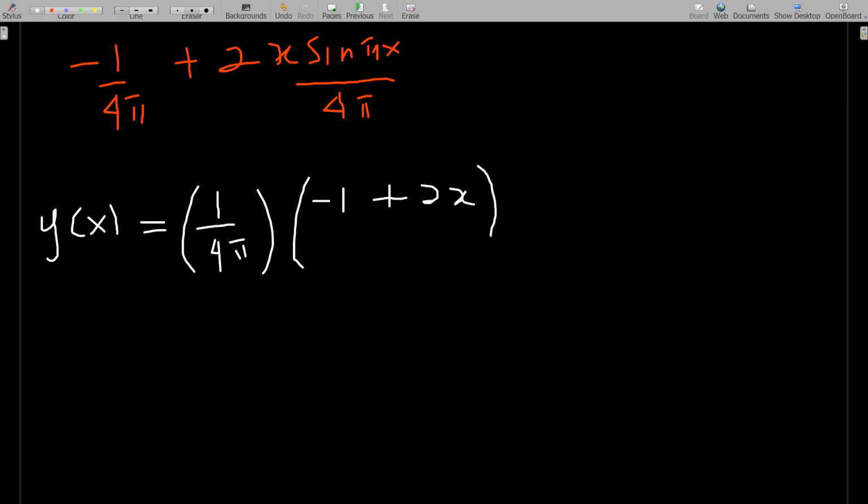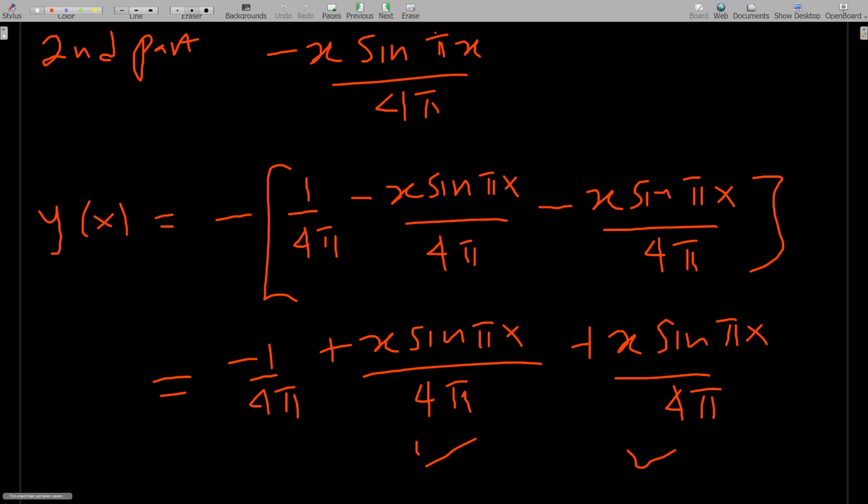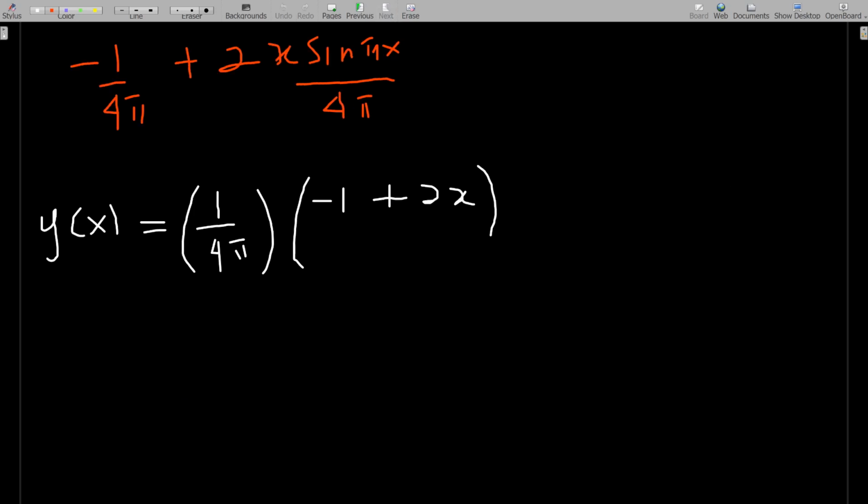I think there is something I didn't write. Let me see. The first part here is wrong, right? Here is supposed to be minus sine of pi x over 4 pi. This is what we're supposed to get, this y of x. So I think this part is also supposed to be minus sine of pi x.